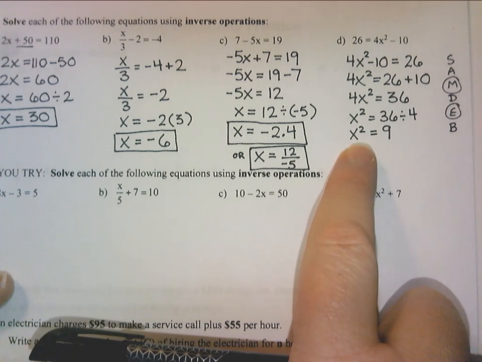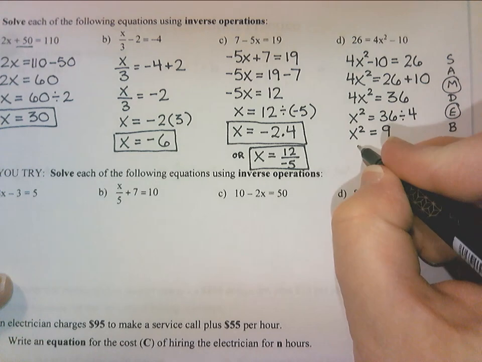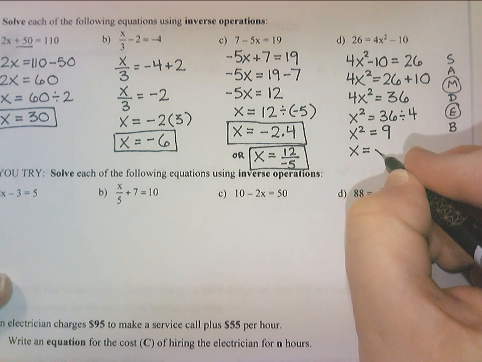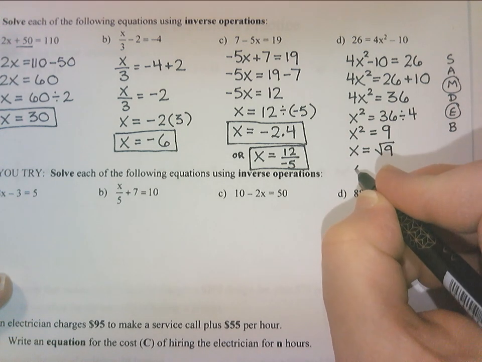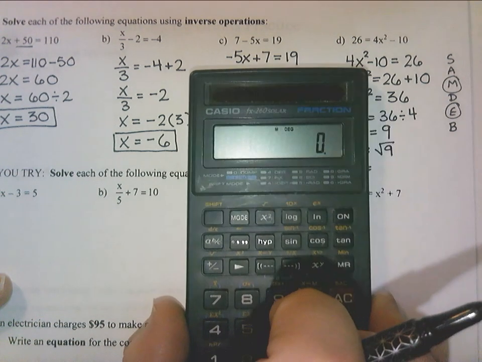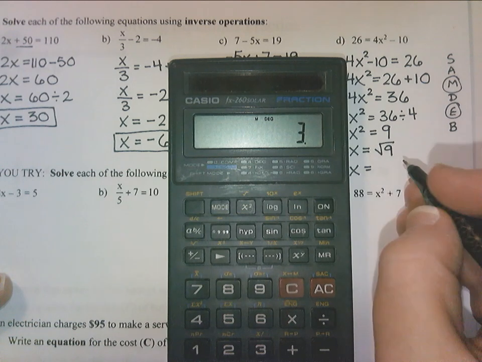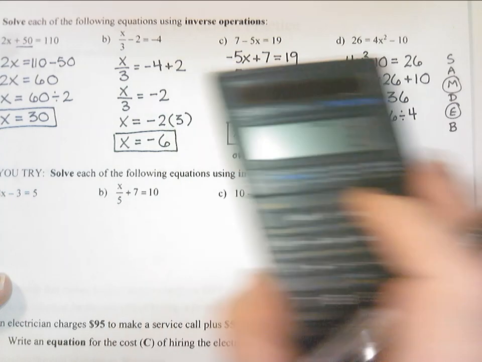And then last thing we need to do is that square. The inverse of a square is a square root. So we are going to square root the 9. And the square root of 9 is 3. So x equals 3.